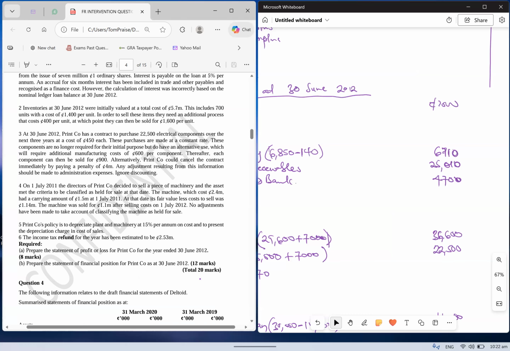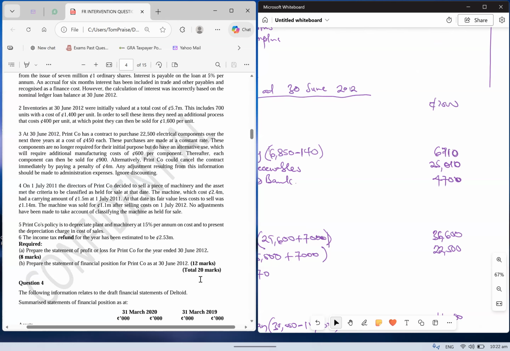All right. So now, this one says that at June 2012, Printco has a contract to purchase 22,500.